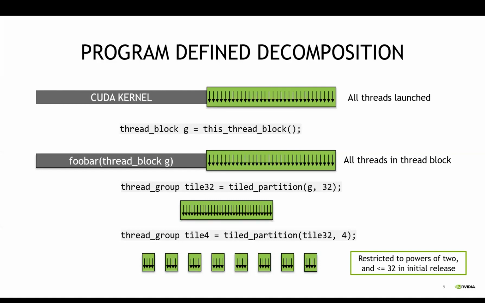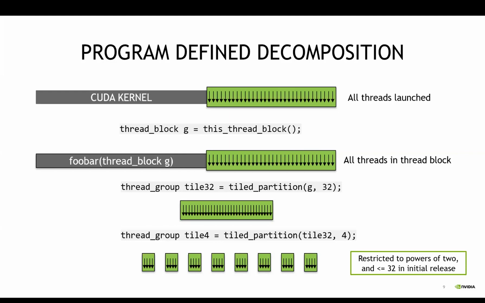And a thread block is a logical construct, and it has various things like the built-in variables that we talked about and so forth. Therefore, I can create a group that consists of the thread block that I am currently in, and that group would be called a thread block group, so it's a named group type.